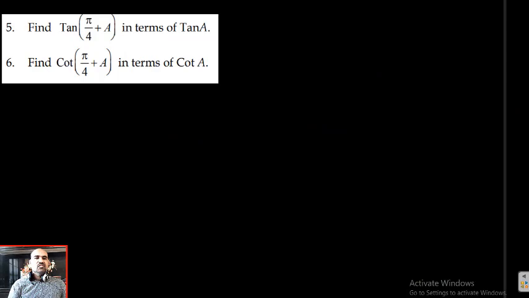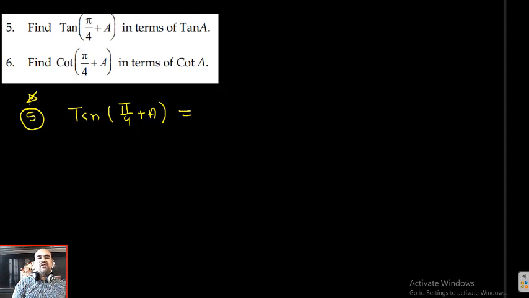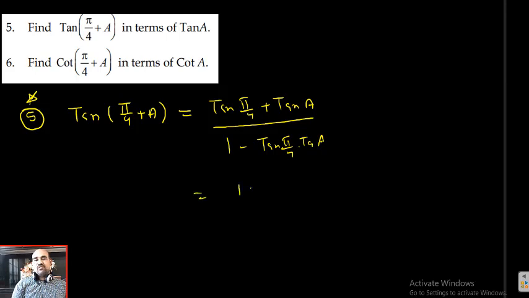Okay. Our next problem, fifth problem, students. Important result: tan of pi by 4 plus A in terms of tan A. Actually, this is the form of tan of A plus B, that is tan A plus tan B by 1 minus tan A into tan B. That is 1 plus tan A by 1 minus tan A. This is important.